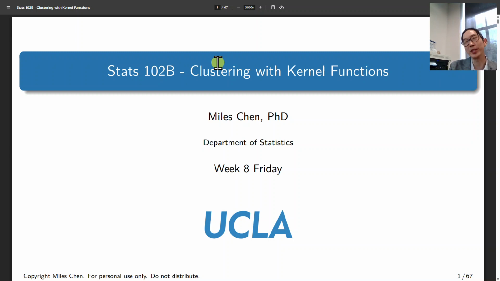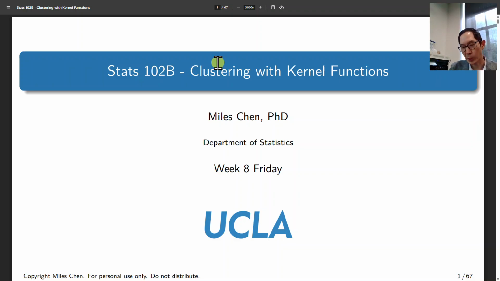There are some shortcomings of that method, and so we'll see a couple ways around that. One is we can cluster via kernel functions, and that's what we'll look at today.